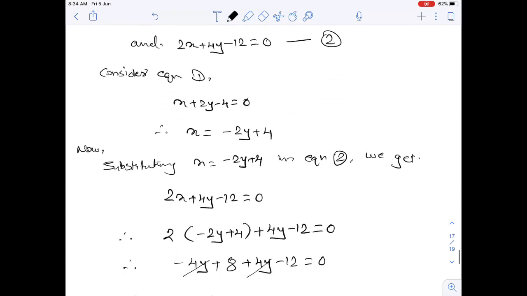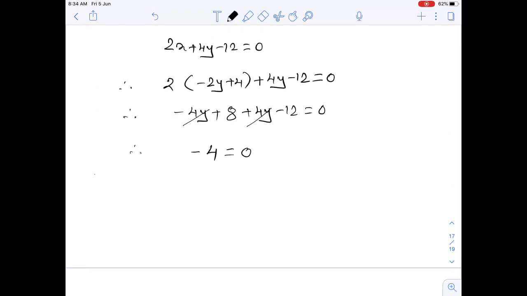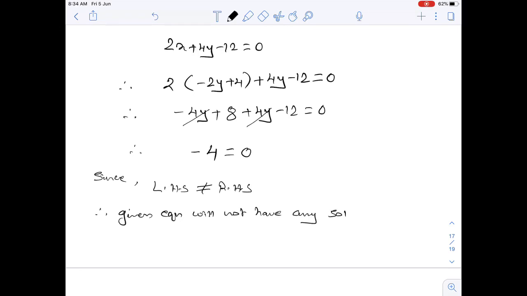So let us write it: since LHS is not equal to RHS, therefore the given equations do not have any solution.